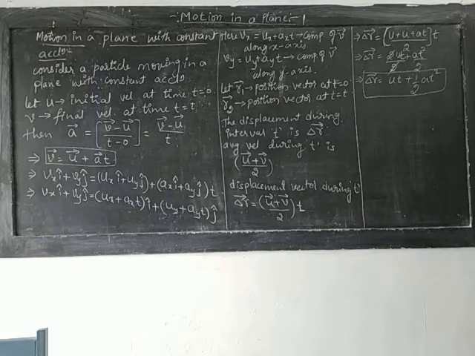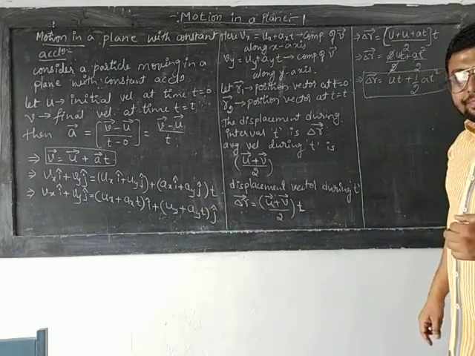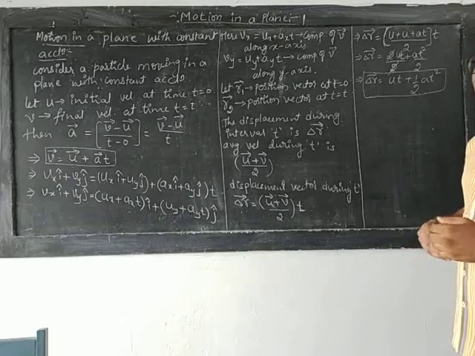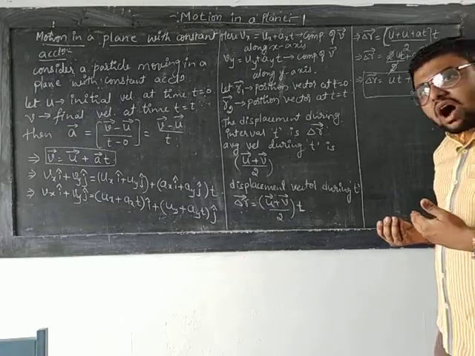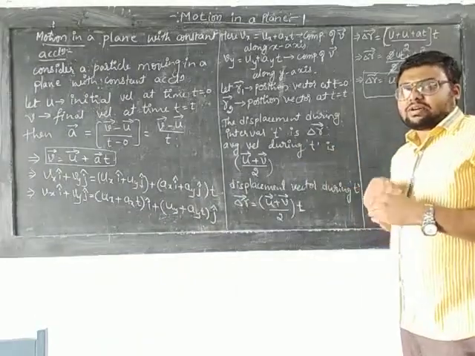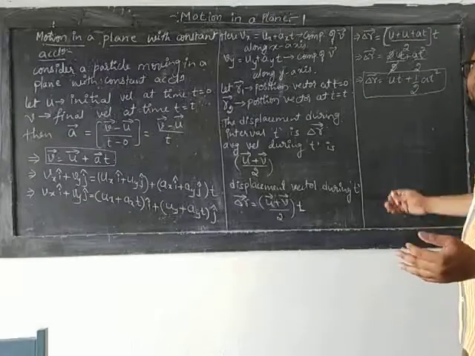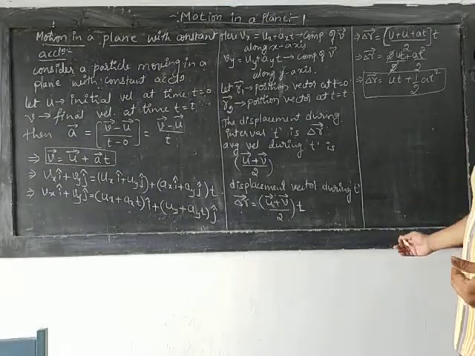So this is for motion in one dimension. Delta r means the displacement vector. So it is just like s is equal to ut plus half at square. But that is for a motion in one dimension, or a motion along a straight line. But here we are dealing with the motion in a plane. So we need to proceed further.